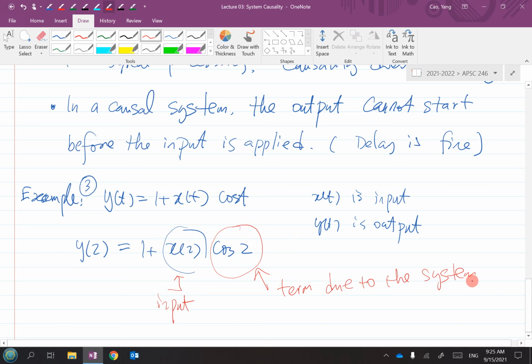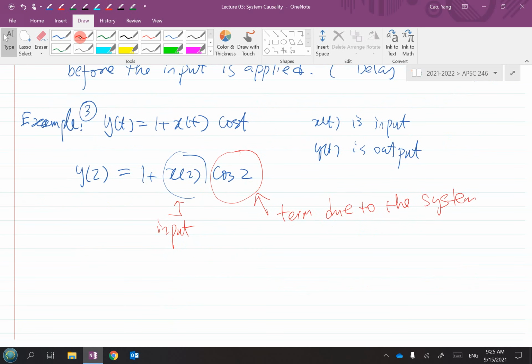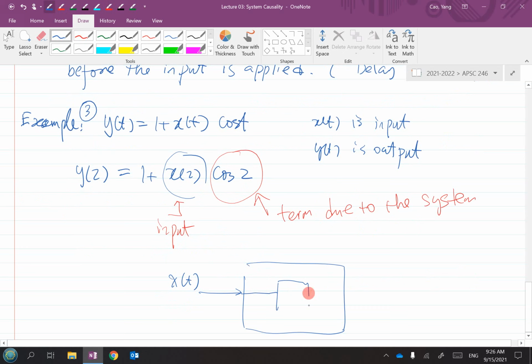Good. And if I have to draw this out, maybe what happens is, let's say this is a system, and this is your input x of t. Then inside the system, this x of t goes in here, and maybe there's another box over here producing cosine t.